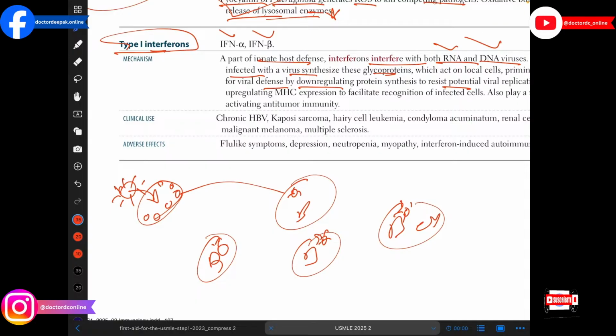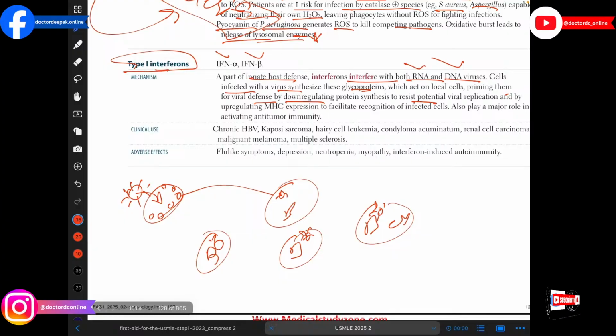If protein production or DNA and RNA production is stopped, then there will be no more growth of the virus inside the cell, because the virus needs host proteins for its own growth. So they interfere with the growth of viruses, stop it, and protect human beings.